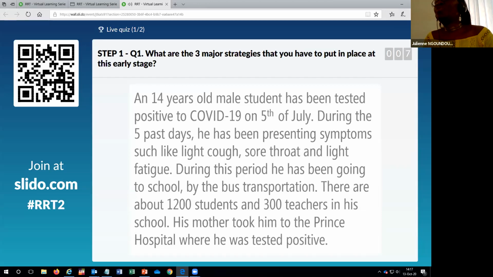What are the 3 major strategies that you have to put in place at this stage? Over to you. So we give you 1 or 2 minutes. We'll see until we reach at least 80 people, or maybe 100 if you can.